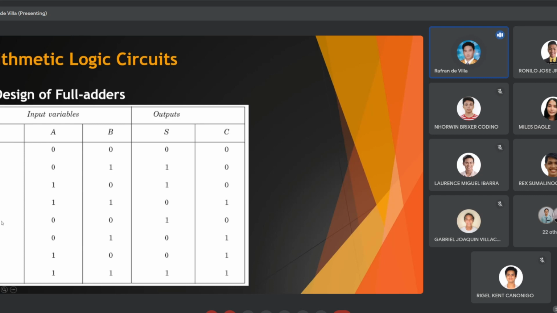X is also added in the truth table, part of the numbers being added. But why is X added? What does that represent? And how does a full adder differ from a half adder?